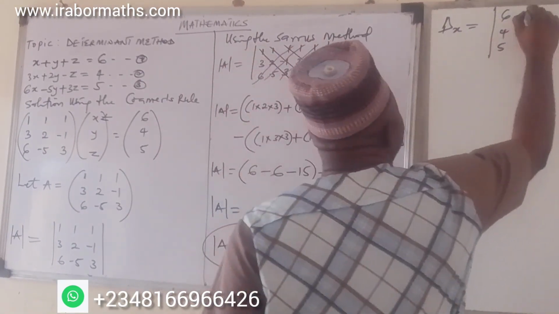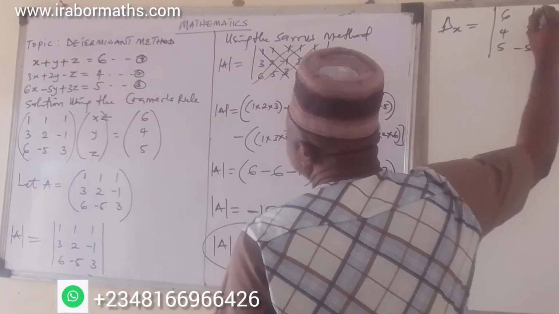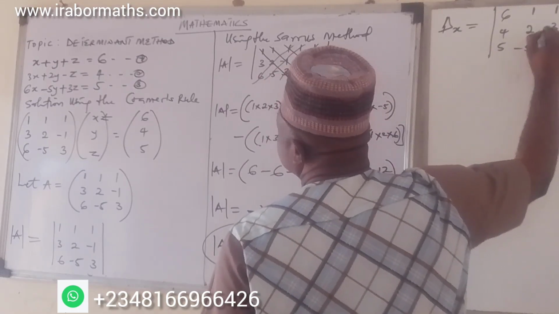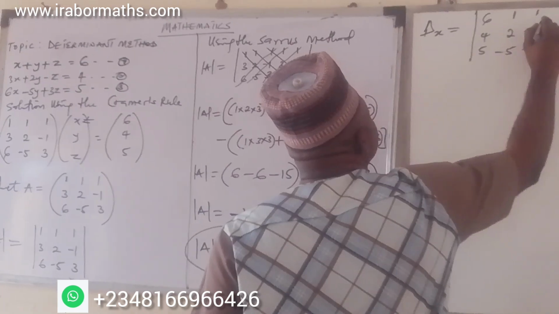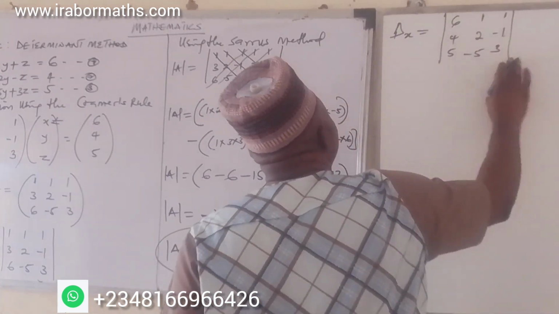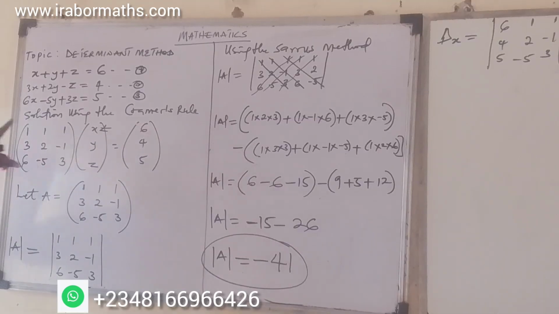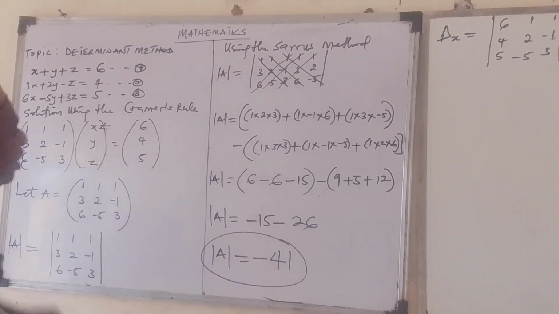Then here we have 1, 2, minus 5. We have 1, minus 1 and 3. So now we can see that this column has actually taken the position of the first column, because we are finding the determinant of X.